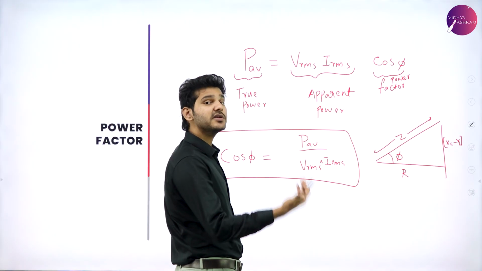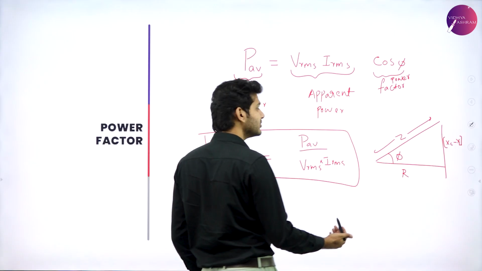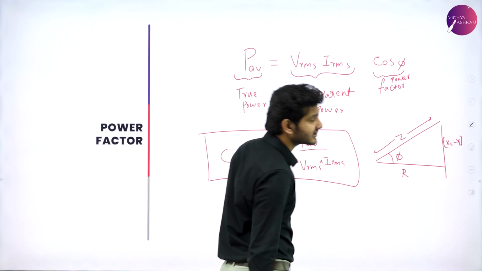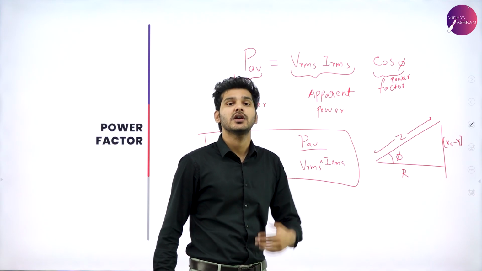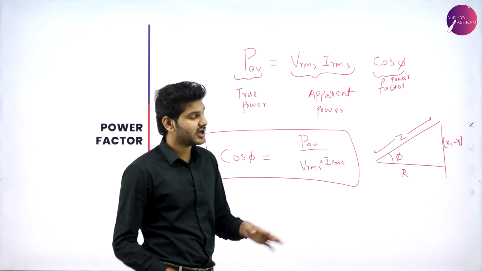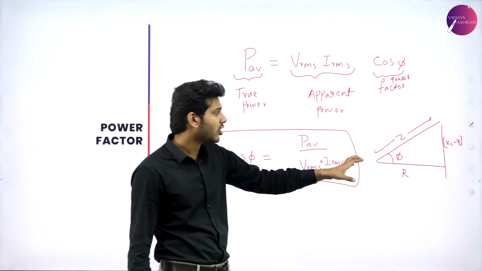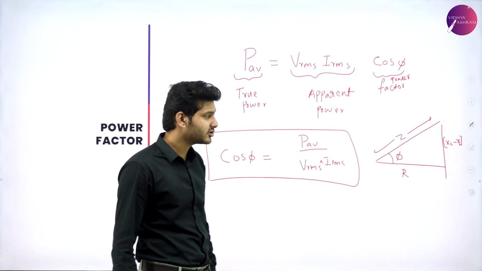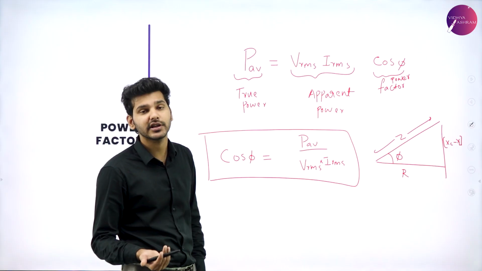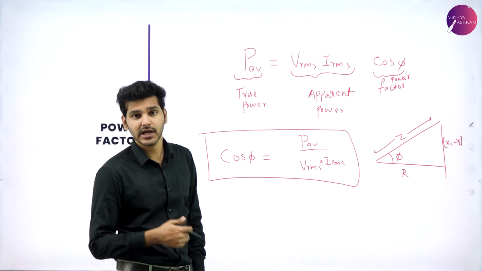In some cases they give you the values of resistance, capacitance and inductors, disregarding the value of the net impedance, or they give you certain quantities and no clear information about impedance. You can then use this relation to find the power factor, that is cos phi.